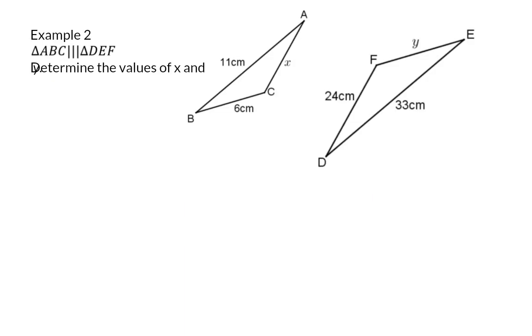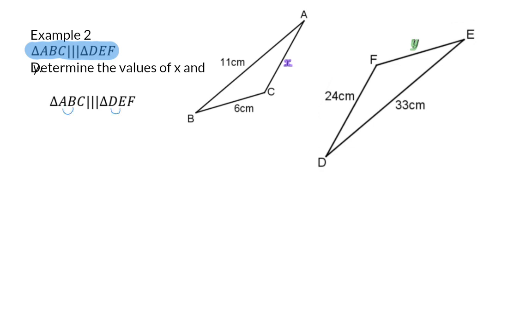Example 2. Triangle ABC is similar to triangle DEF. Determine the values of x and y. In this case, we are given that the two triangles are similar. In similar triangles, we know the corresponding sides are in the same proportion, and those corresponding sides can be derived from the order in which the similarity is given.